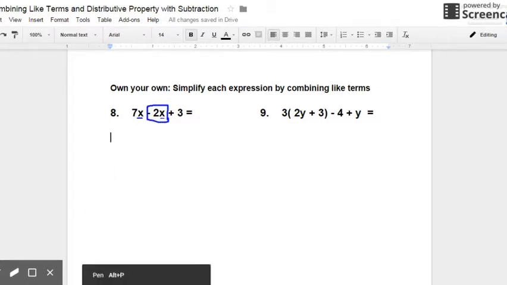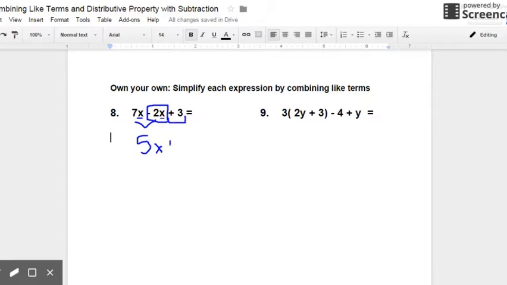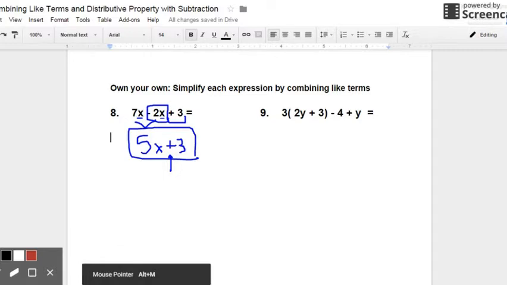So because of that, we have to combine these two together. 7 minus 2 is 5x. I did not touch the plus 3x over here, so we bring it down. Once again, remember in 6th grade, you'll always have this addition sign right here. This should always be adding between the two terms. You should never have a subtraction sign.